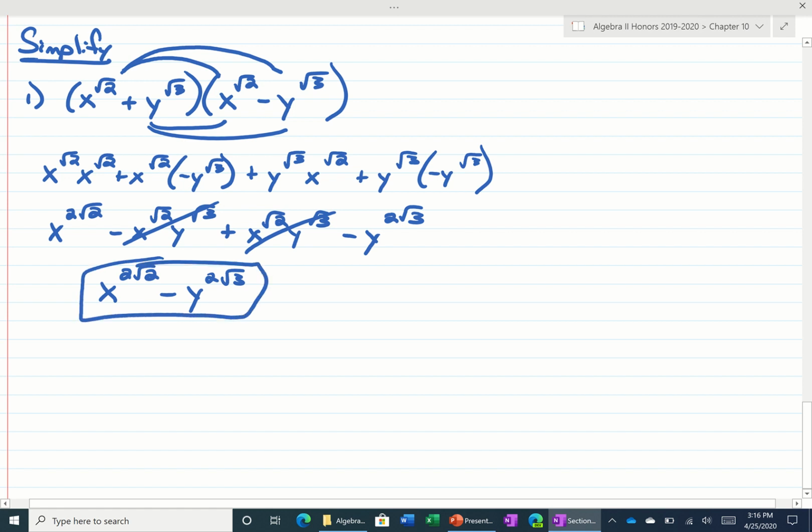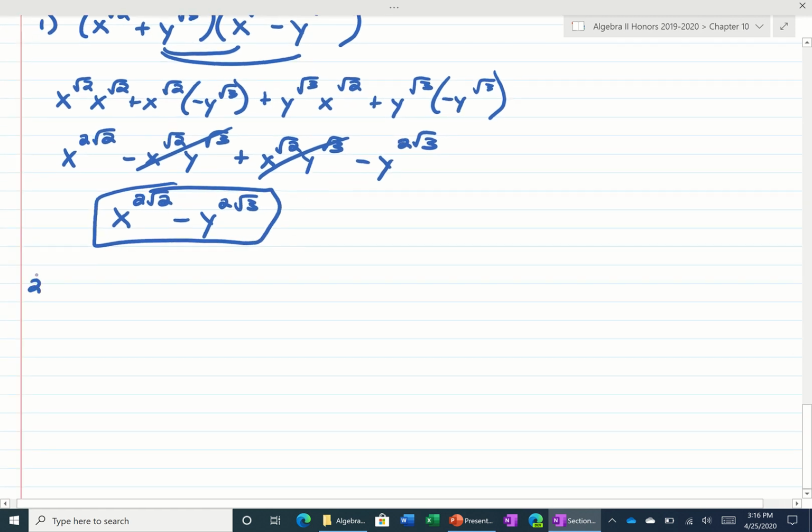All right, there's one more example today. And that's y to the root 2 plus x to the root 5, all to the second power. Now we know we're not going to do this because then I'm going to disown you. So the way we have to do a problem like this is we would write it twice. And it's the same kind of problem that we just did.